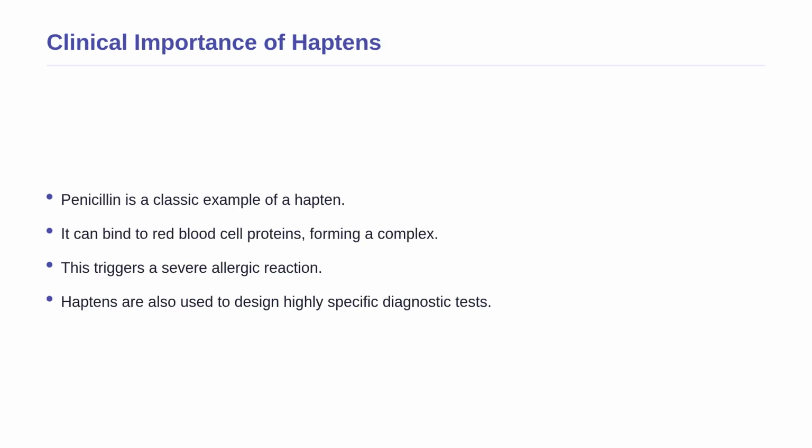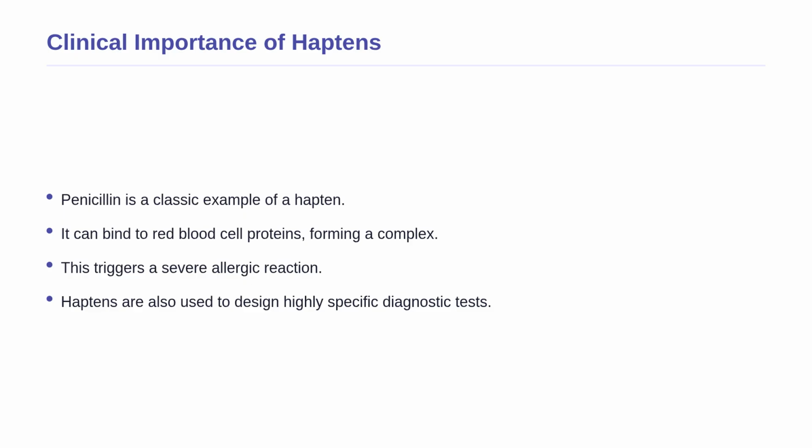This dual recognition principle we just discussed is absolutely critical in modern medicine. Why does this matter? Consider drug allergies. The antibiotic penicillin is a classic hapten. It is too small to cause an immune response on its own. However, in some people, penicillin molecules bind covalently to large proteins on the surface of their red blood cells.